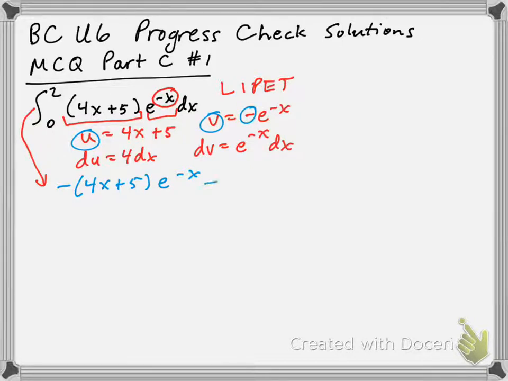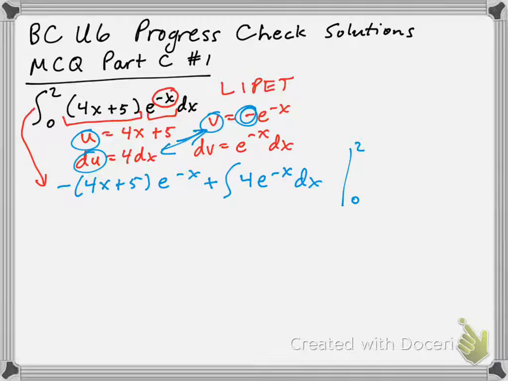And that's minus the integral of v du. So we've got to connect these now: minus the integral, and there's a minus sign again right there, so let's make that a minus for a plus. And we have 4e to the negative x dx. All of that is evaluated from 0 to 2.